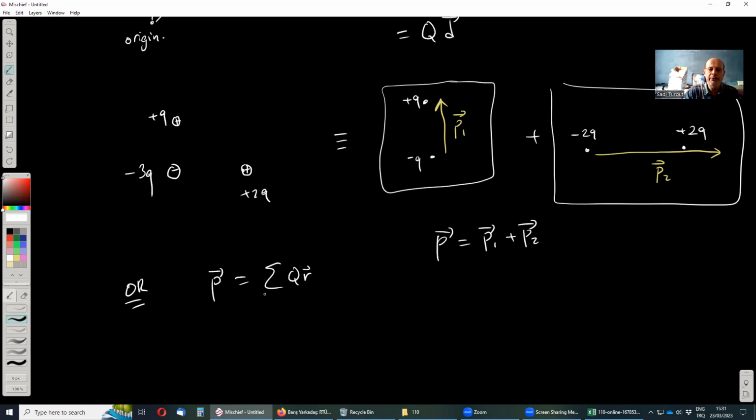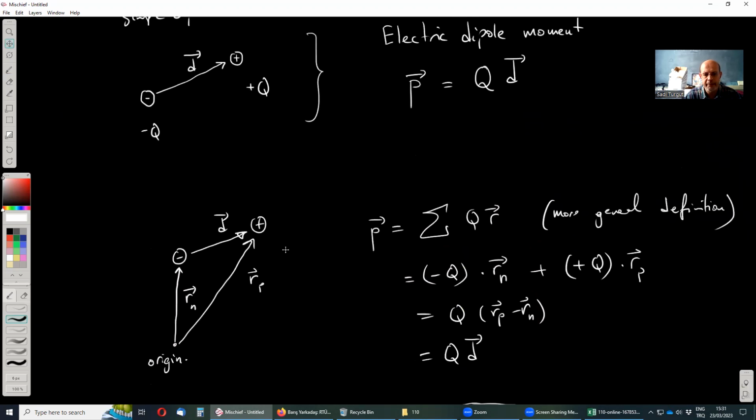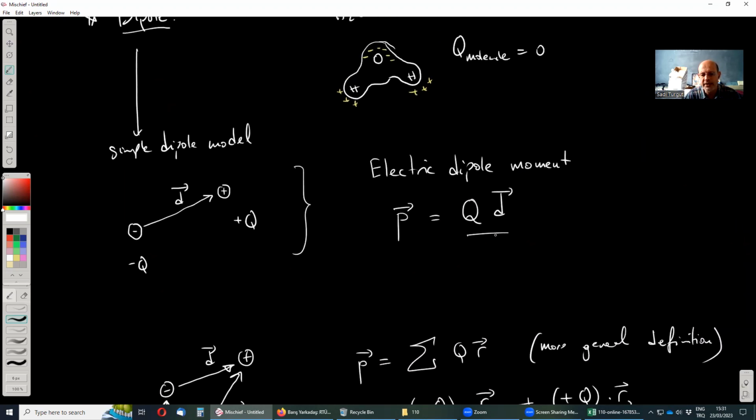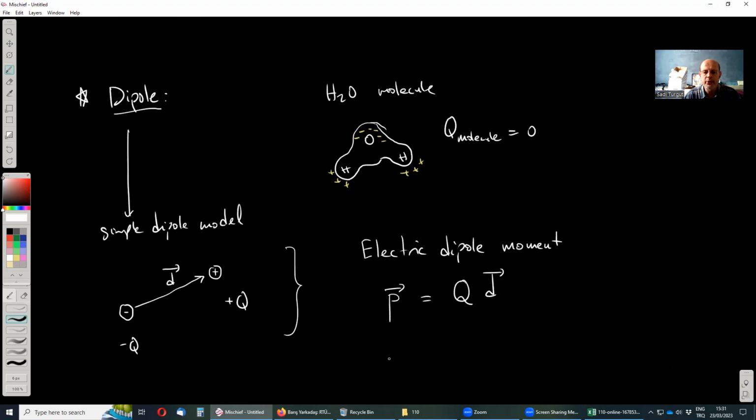So why do we define the dipole moment like this? Why this particular definition? Why not q squared times d, for example? The answer is this. When you describe the interaction between a dipole and the electric field, this dipole moment is the coupling constant.